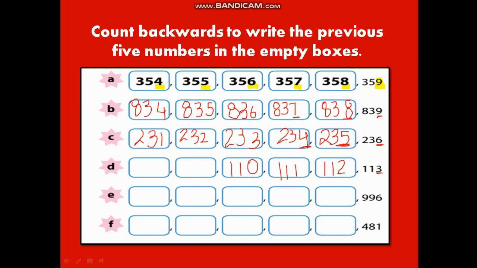Now 0 is here. Now what will I do? I will put 9 instead of 0. This one will go down one step. So what comes before 1? It's a 0. So 109. Now 109, so 108. Hope this is clearer to you.